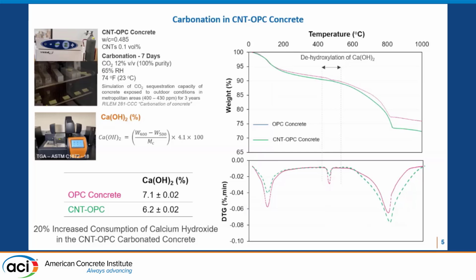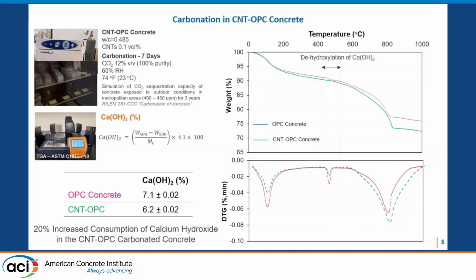This is a regime that simulates the CO2 sequestration capacity of concrete when it is exposed to outdoor conditions in metropolitan areas like DFW, for example, where there are carbon dioxide particles in a concentration of 400 to 430 parts per million.